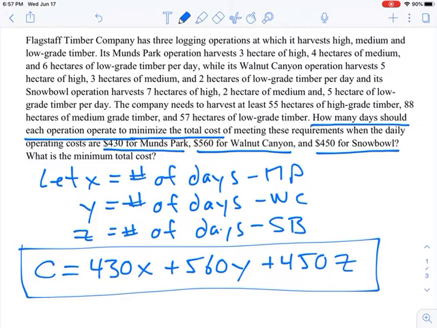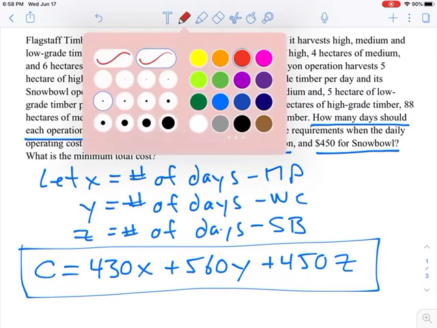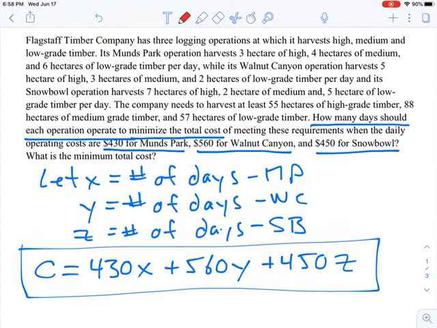So now as we read the rest of the problem, we need to determine what the constraints are and whether we have a standard or a non-standard minimization problem. So let's go to the beginning of the problem. Flagstaff Timber Company has 3 logging operations at which it harvests high, medium, and low-grade timber.